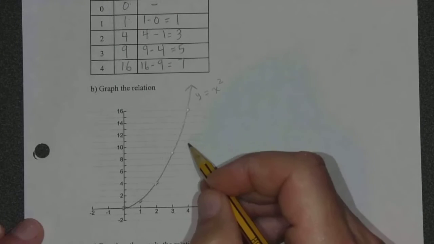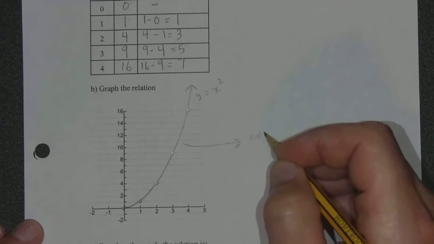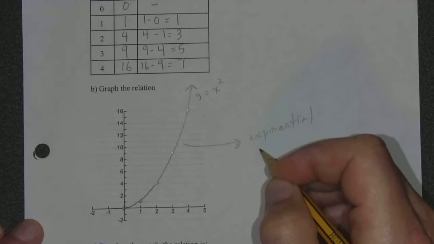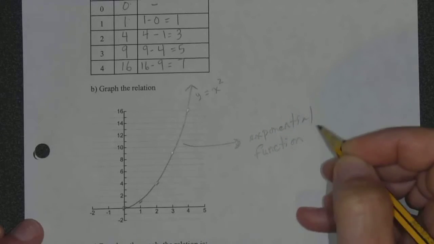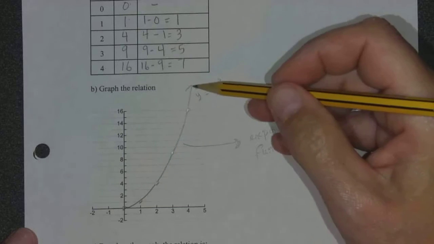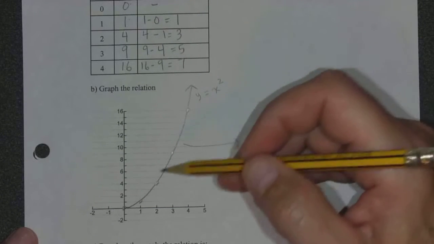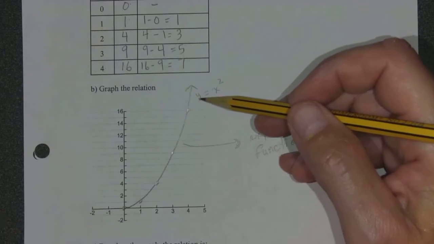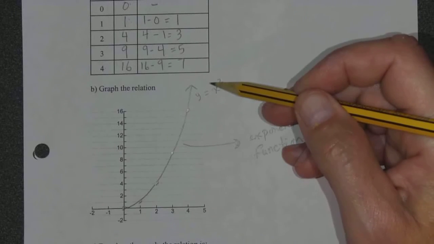I'll tell you, not that you really have to know, but this is called an exponential function, or relation, same thing. Why? Because it increases exponentially. So it's going faster and faster. An example of that in real life would be an airplane taking off. It's going faster and faster.